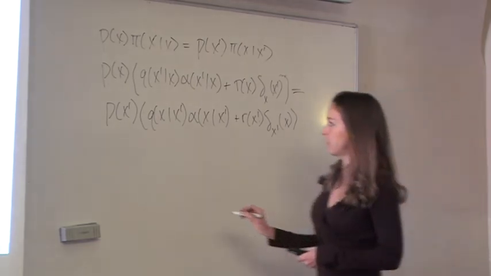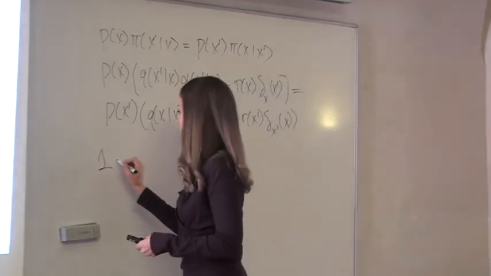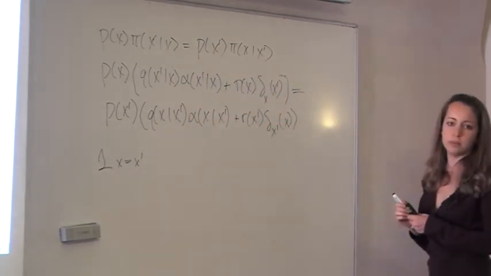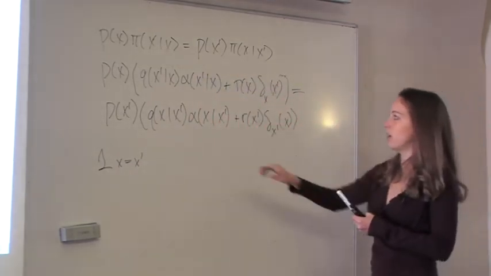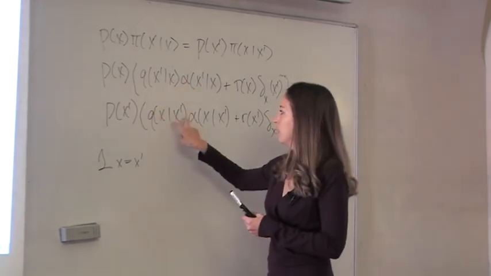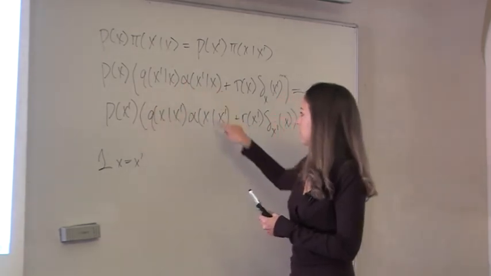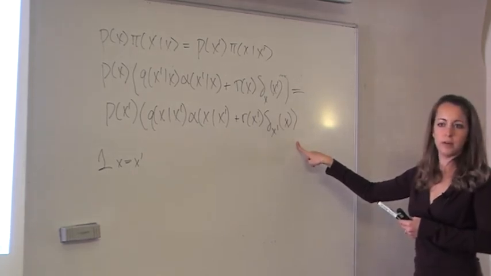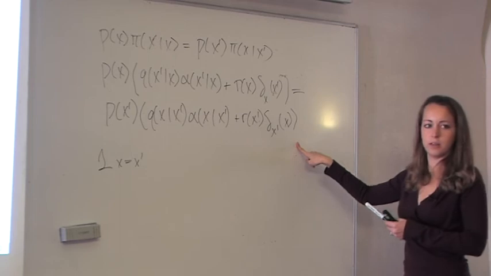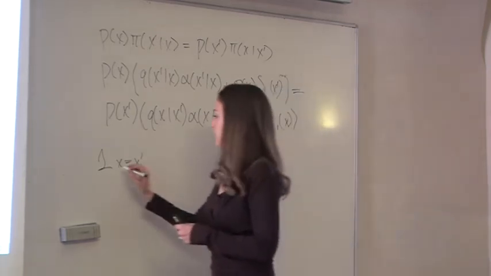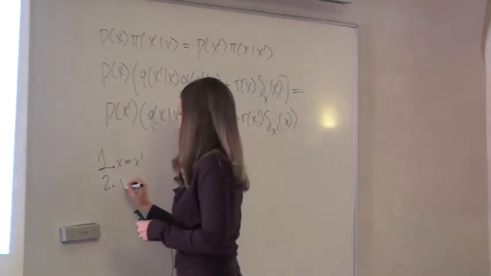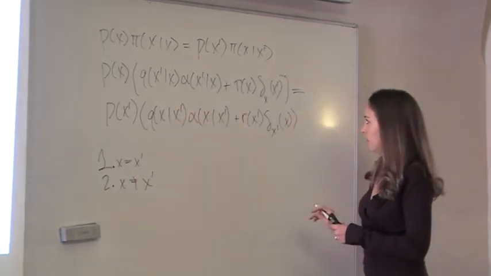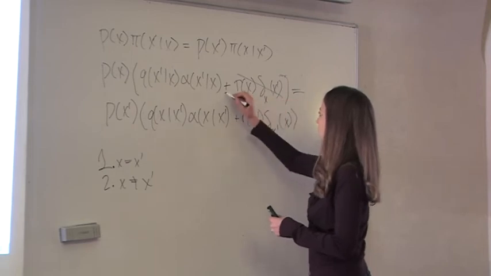Okay, so first case, if x is equal to x prime, it's quite obvious that this holds, right? All of these values will be the same, so this term will be identical. Is that clear? So that's the first case. The second case, in general, if x is not equal to x prime, then this term here cancels.